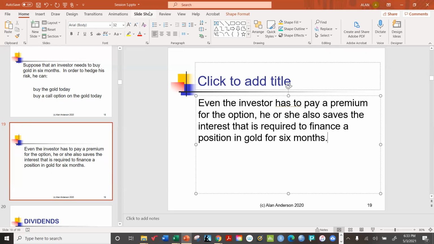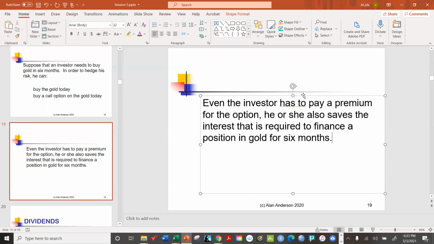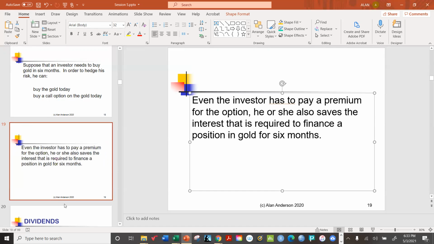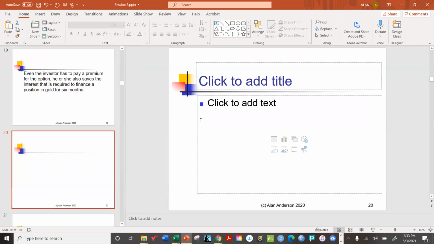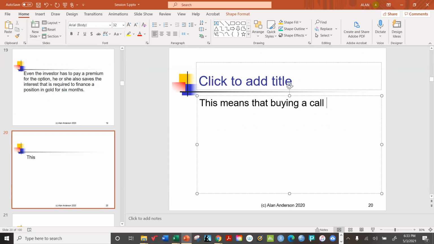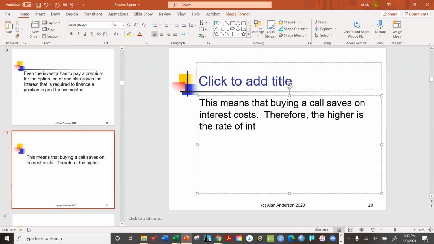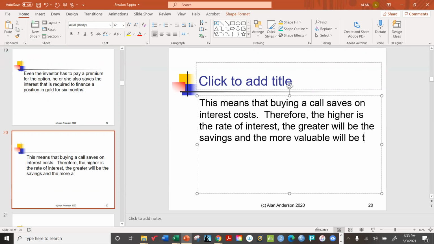So if that's the case, this means that buying a call saves on interest costs. Therefore, the higher the rate of interest, the greater will be the savings, and the more valuable will be the option.